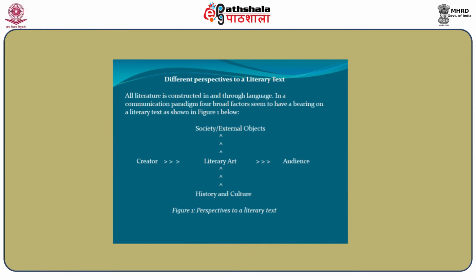There have been different perspectives to a literary text. In a communication paradigm, four broad factors can be seen to have a bearing on the literary text. If we keep the literary text in the center, we have the author, the creator, we have the reader or the audience, we have the society, the external objects, and we also have history and culture.